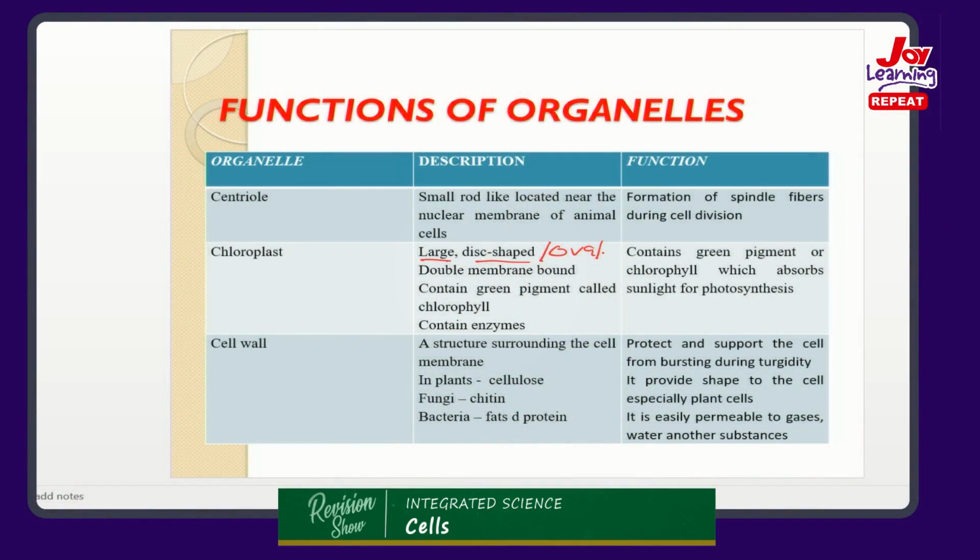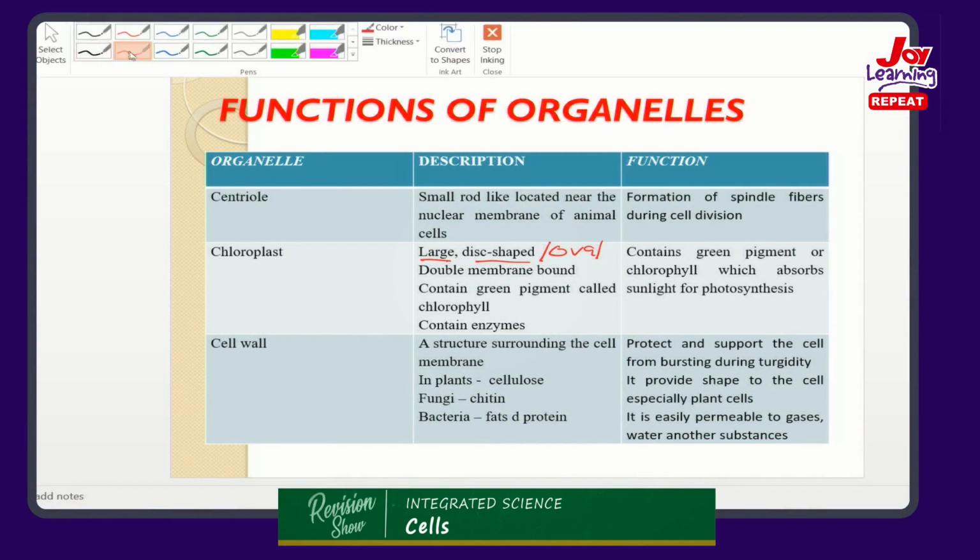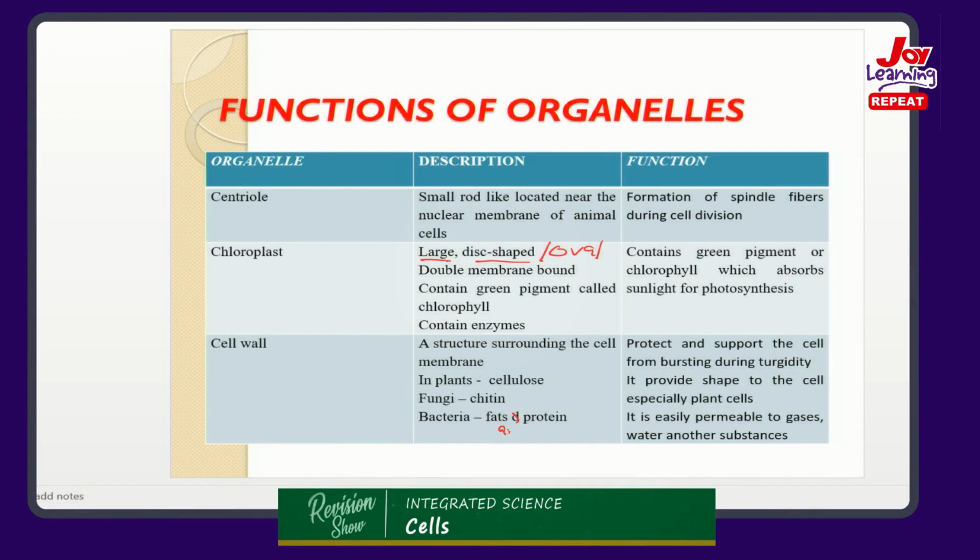In plants, it's cellulose. In fungi, it's chitin. And in bacteria, it's fats and protein. We have a specific term for it in the elective subject.